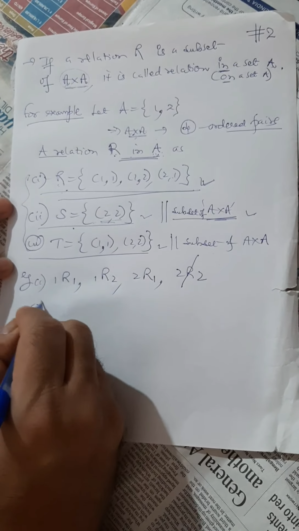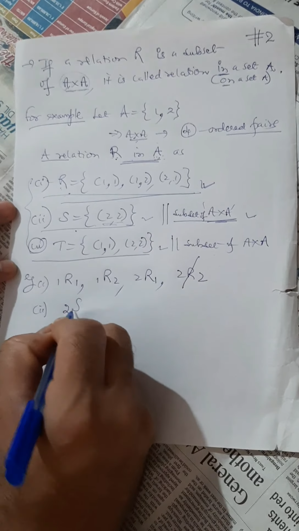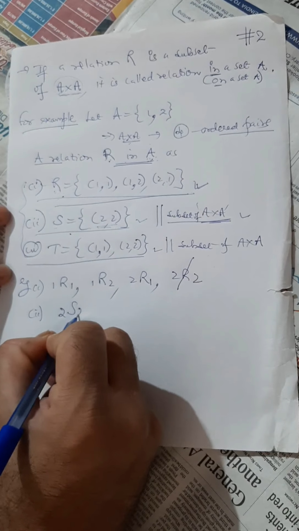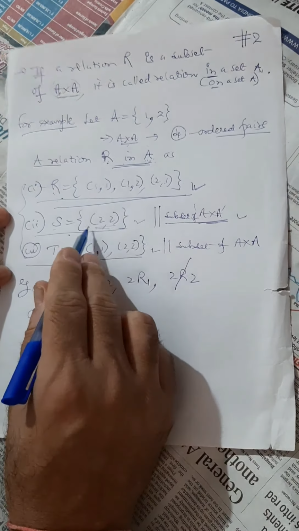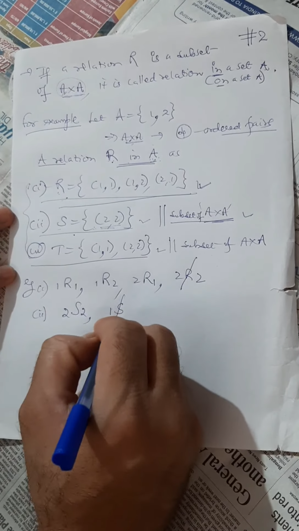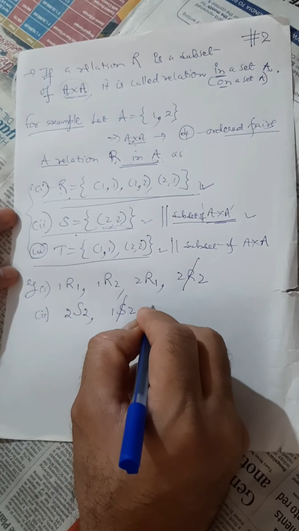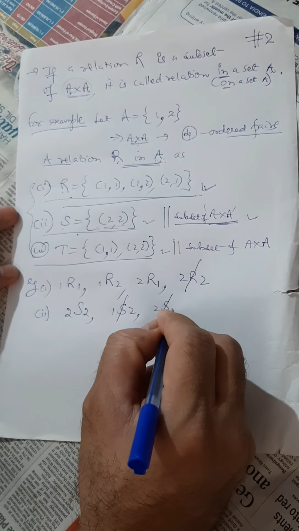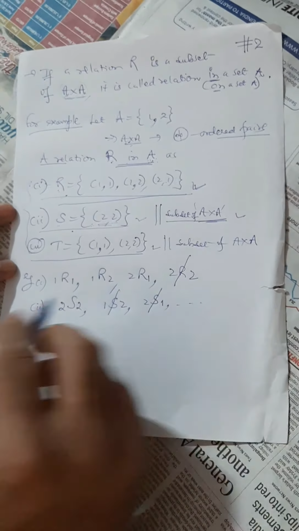Second one, relation S: 2 is related to 2. (1, 2) is not in this, so we write 1 is not related to 2. (2, 1) is also not in this, so you can write 2 is not related to 1, and so on.